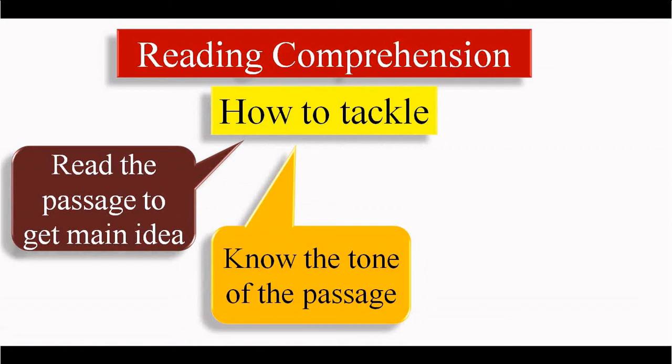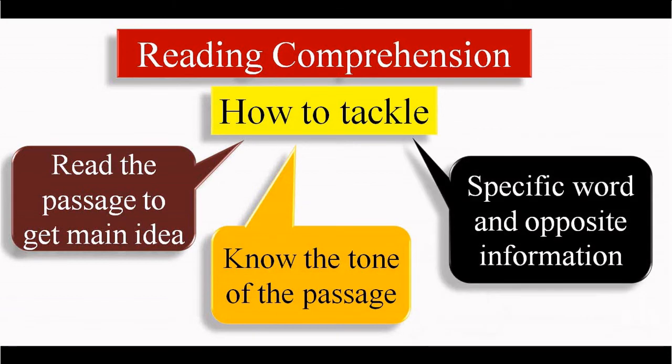Two points matter a lot to pick the best option. Number one, main idea, and the second point is tone. With the help of the two, the option should be chosen. Why? Because options are always related to these two points. Next is specific words and opposite information. An option should be picked as per the central point or tone, though the questions vary.